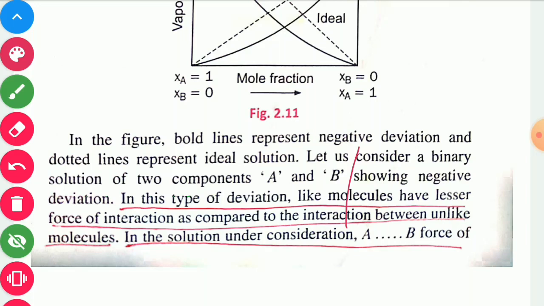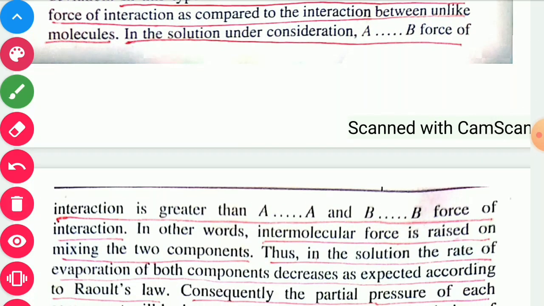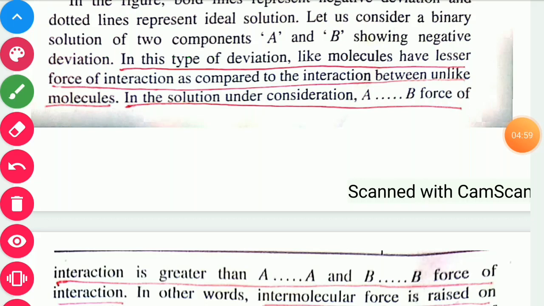So in the case of this solution, the interaction of components is found to be more as compared to the interaction of the molecules when present in their pure form. In other words, we may say the AB interaction, that is the force of attraction AB, is greater than the AA interaction and BB interaction.